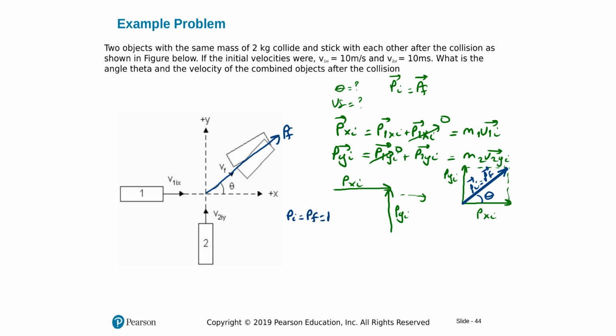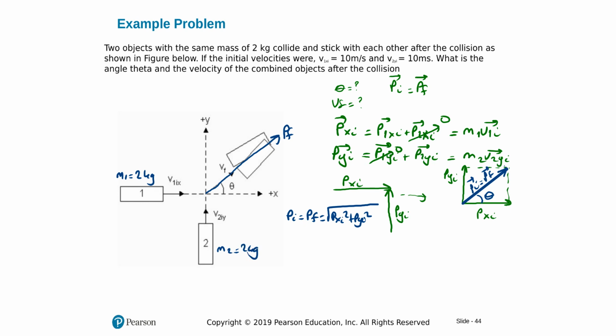In magnitude, it's equal to the square root of Px initial squared plus Py initial squared, right? You'll find that all the values are given. Let me put them in here. Two objects with the same mass. M1 is equal to 2 kilograms, M2 is equal to 2 kilograms.